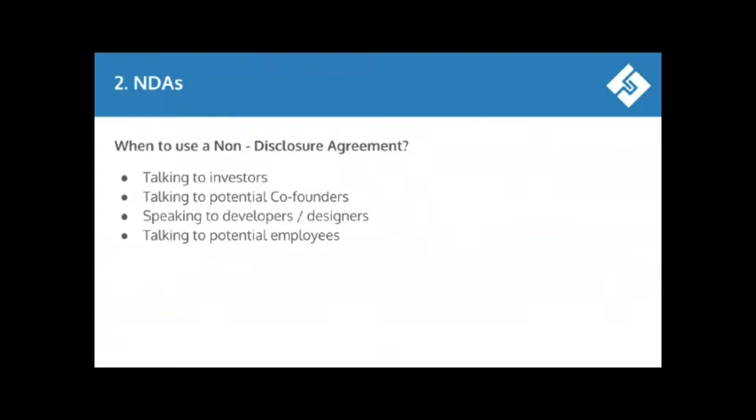So when you are first going out, don't walk into a VC's office and put a non-disclosure on their desk and say, before I tell you my idea, you need to sign a non-disclosure, because to be honest, it's going to make you look very unprofessional, because it's just known in the industry that non-disclosures are not signed by VCs.